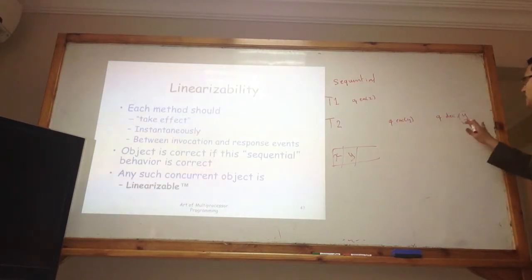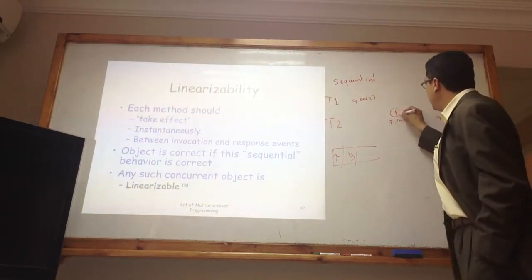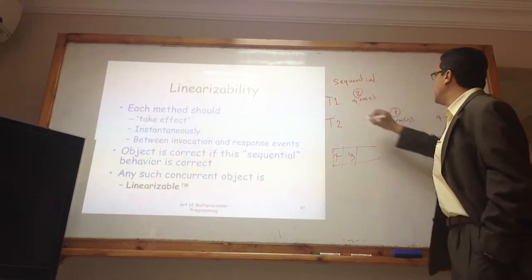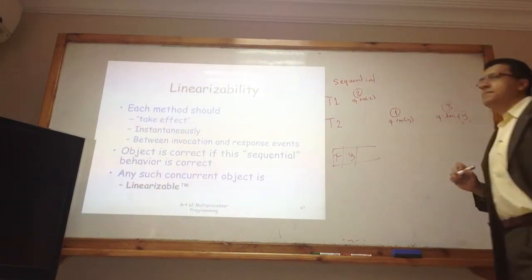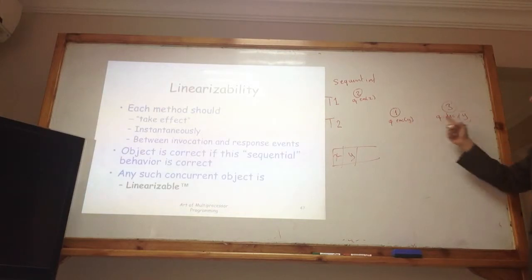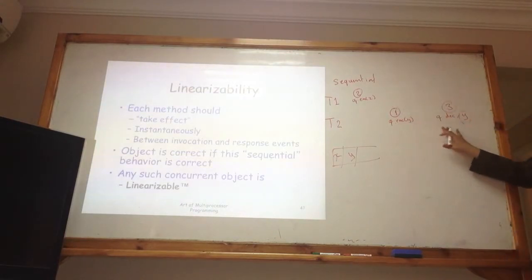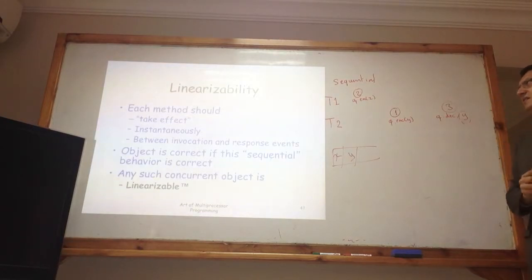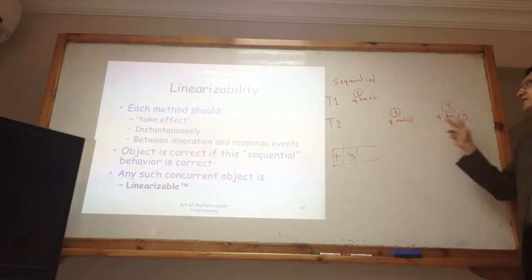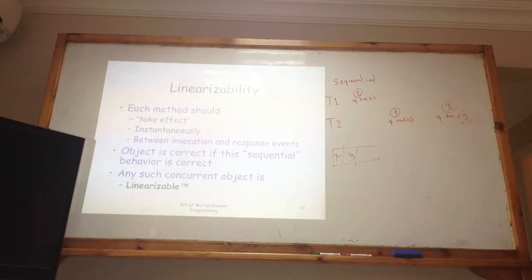Can we find some sequential order? Yes. We can say this one happened first, this one next, and this one third. This is correct because this has to happen before that. And this one can happen anytime. So sequential consistency says yes, you can get Y. But intuitively you say, come on, how come? The notion of time is not there in a sequential system.